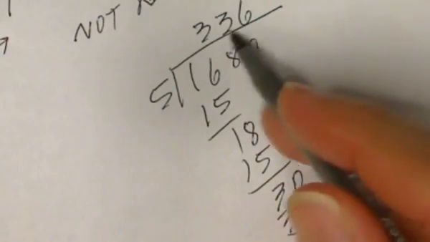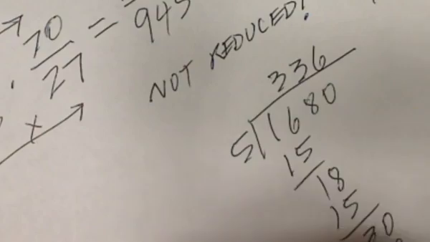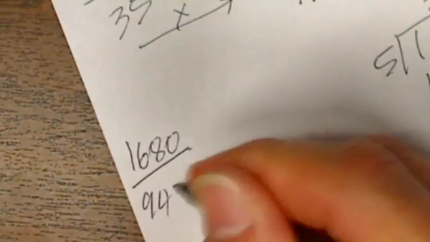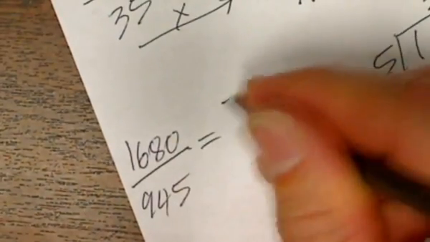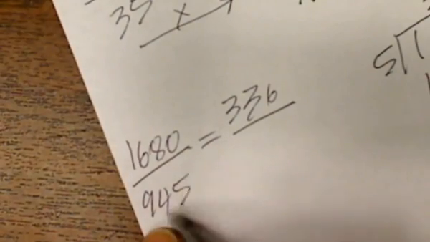Alright, we have 336. That's my new numerator. So I have 1,680 over 945 is now equal to 336 over something. Now I've got to divide 945 by 5.